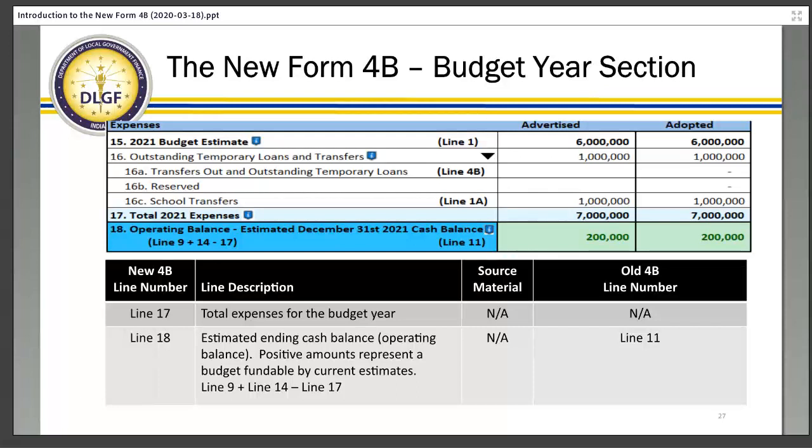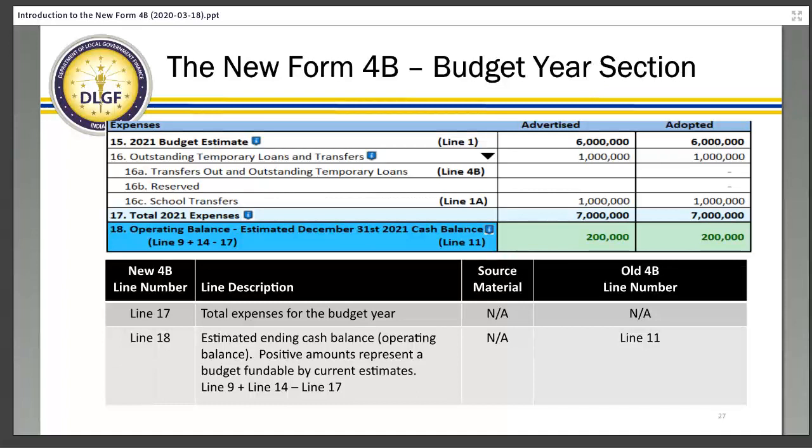We will have to cut down your 2021 budget expenses to the point that line 18 is at least $0. Also, just at a glance, a unit will be able to see that they've got $200,000, and they will know that that is the $200,000 that they will try to function out of from January 1 following the budget season until they get their next tax draw.